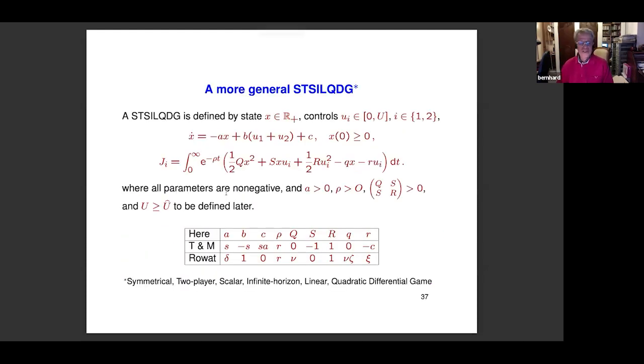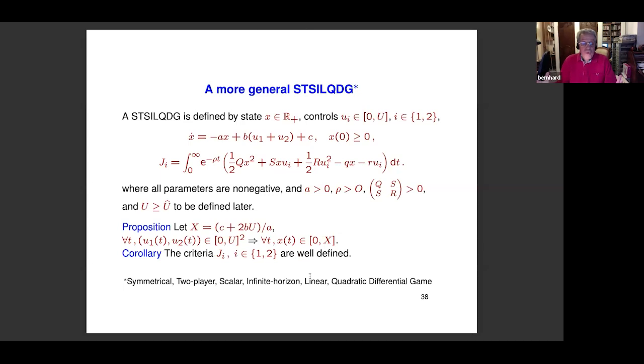I just mentioned that the 2 problems I quoted, the one by Tsutsui and Mino and the one by Rowat, fall under this general framework with the choice of parameters which I wrote here. Some of these zeros are really meaningful. This 0 is what ruins Tsutsui and Mino. And the 2 zeros that I see in Rowat's line simplify considerably the problem.